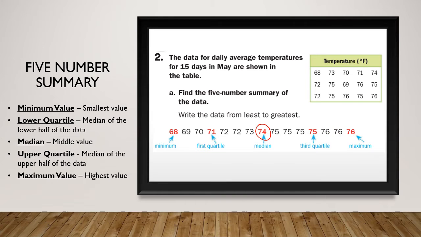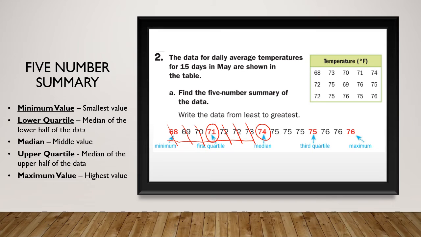You find the first quartile by crossing out numbers to find the median of just these values to the left. It's the lower part of the data. So I'm going to start by crossing them off, one on the left, one on the right, and continue until I find that median.